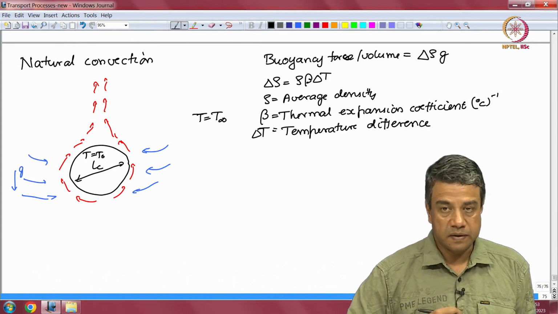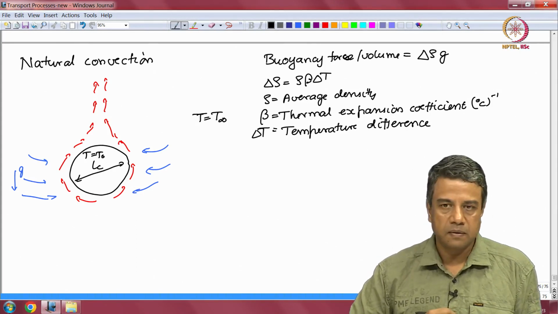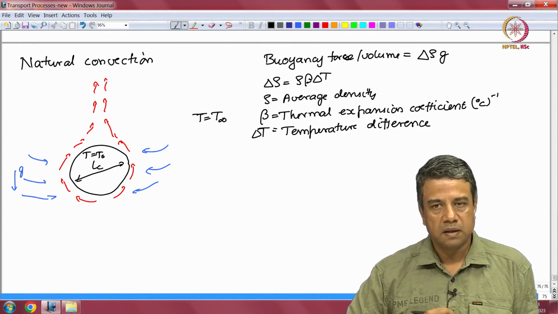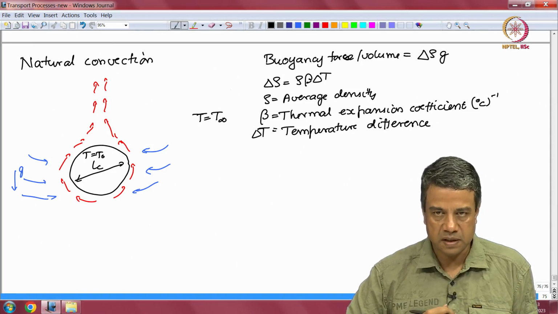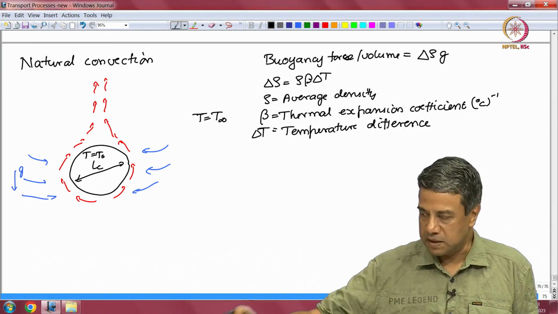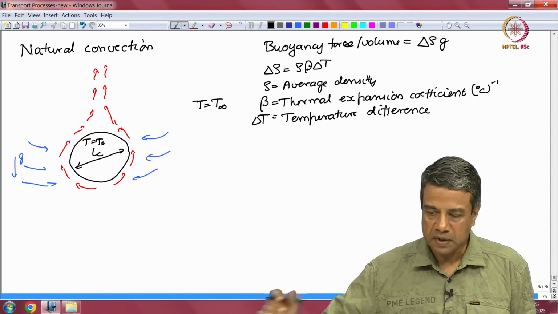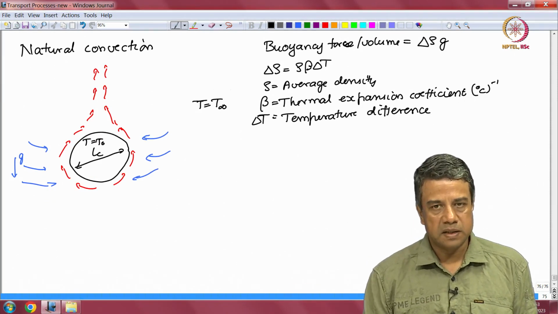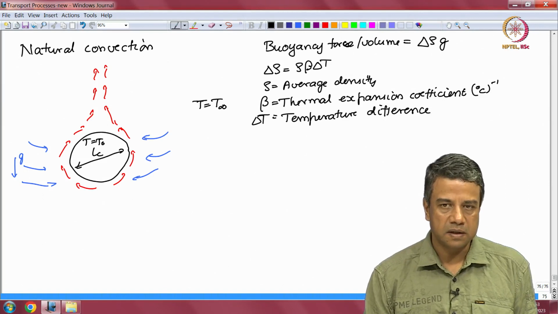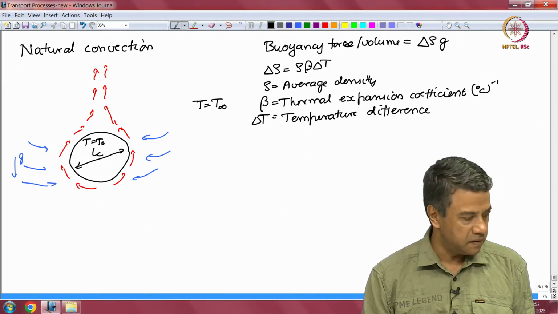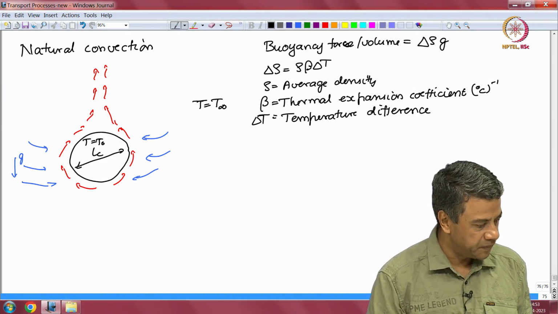So, this causes a velocity. How do we estimate the velocity? The velocity has to be balanced either by the inertial force density or the viscous force density. So, we have to balance the buoyancy force density with either the inertial force density or the viscous force density.